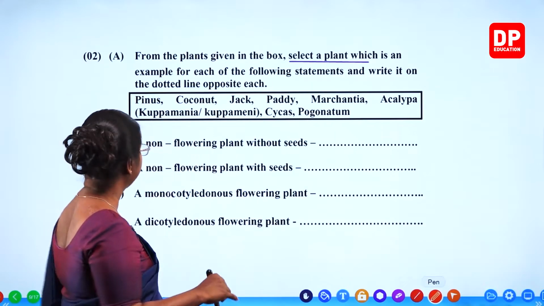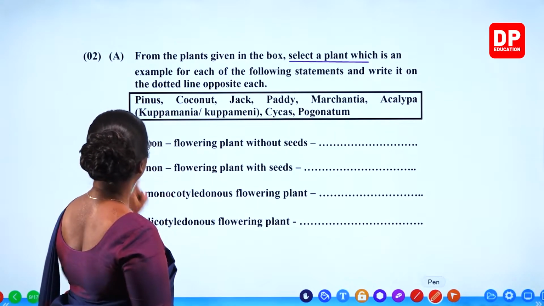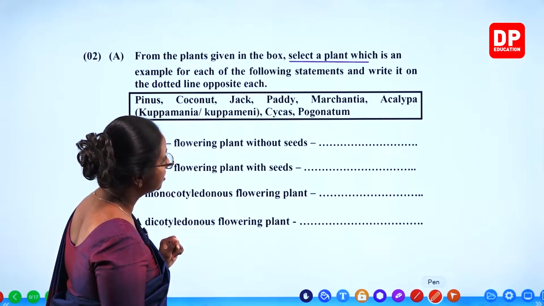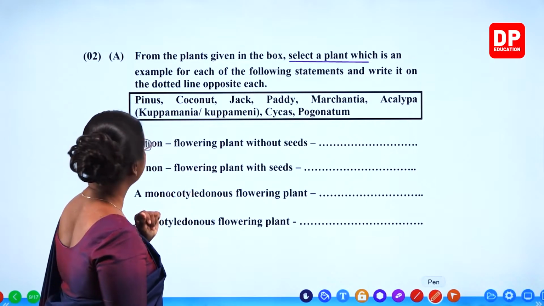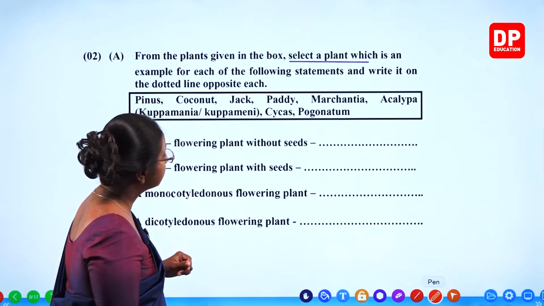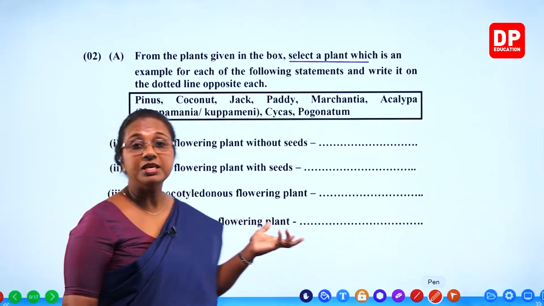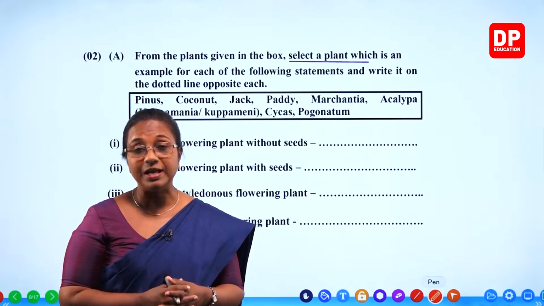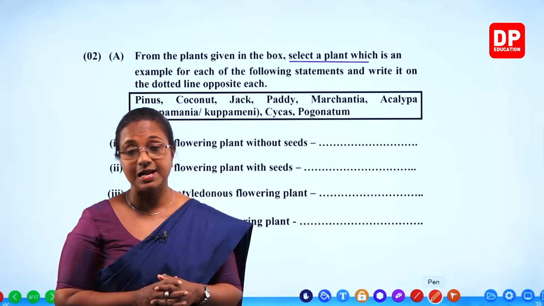If you look at the plants: pinus, coconut, jack, paddy, marchantia, then acalypha, which is Cupameni, then cycas and pogonatum. So these are the different types of plants. Now you all know under domain Eukarya we have kingdom Plantae.